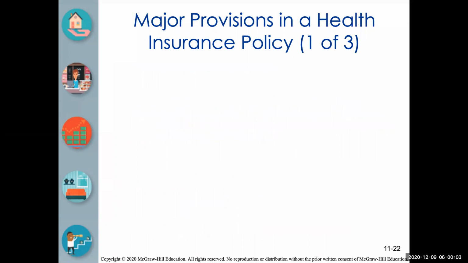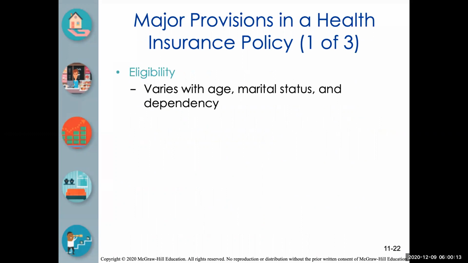So when we think about some of the provisions within health insurance policies, one, eligibility. Eligibility is an interesting one because it does vary by age, by marital status, and by how many dependents you have. So there are eligibility requirements for certain policies. We have things called assigned benefits.